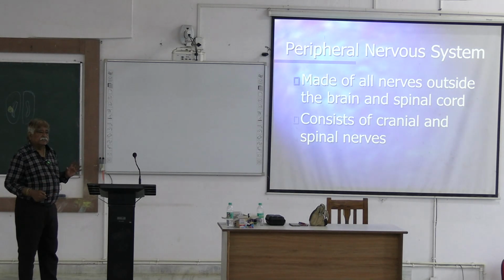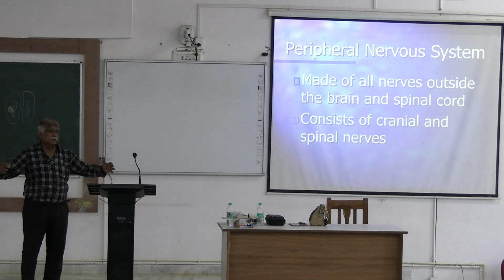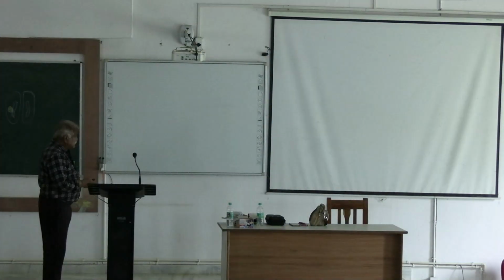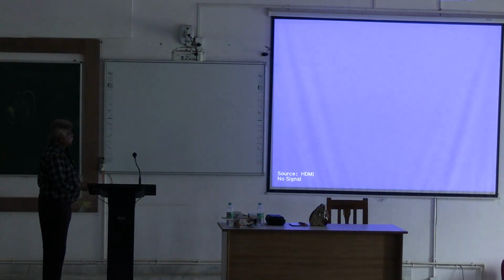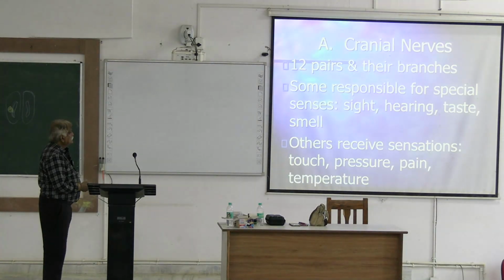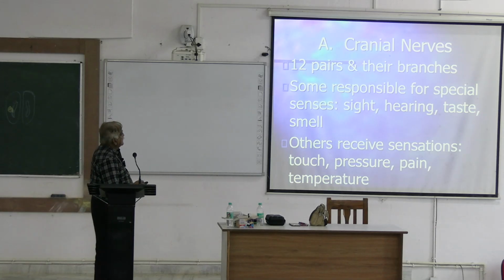Peripheral nervous system, in the periphery. Cranial nerves: 12 pairs and their branches.